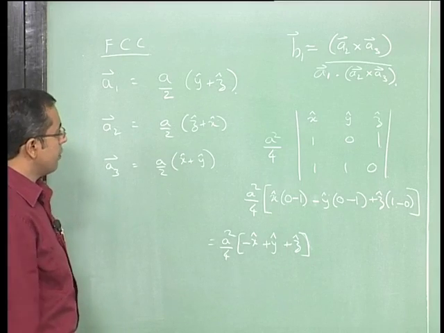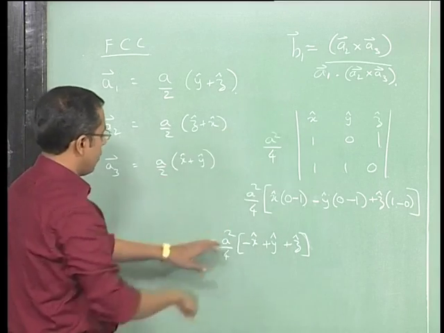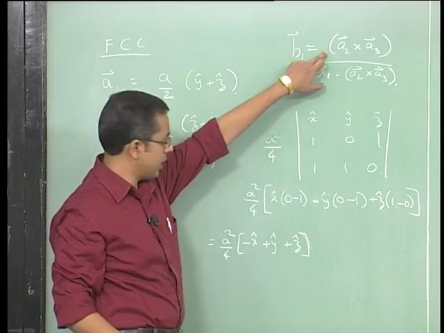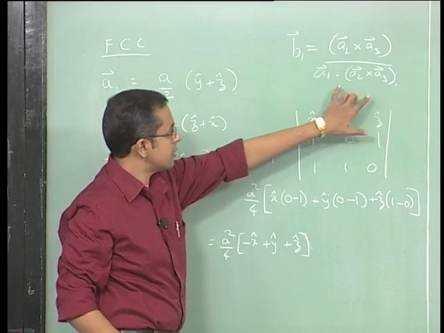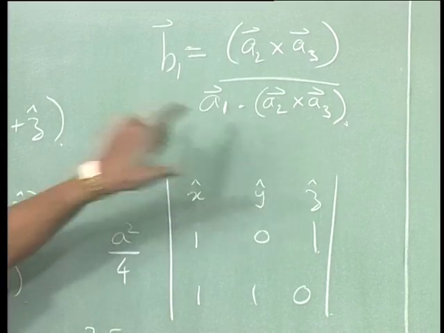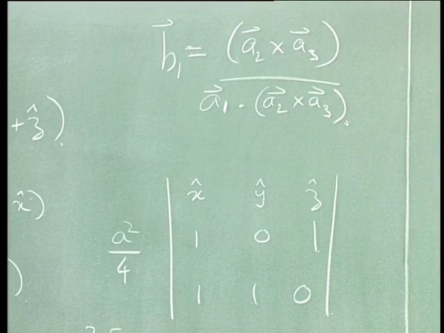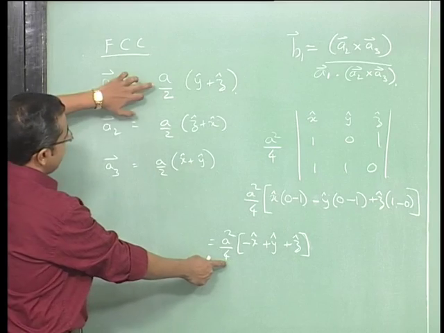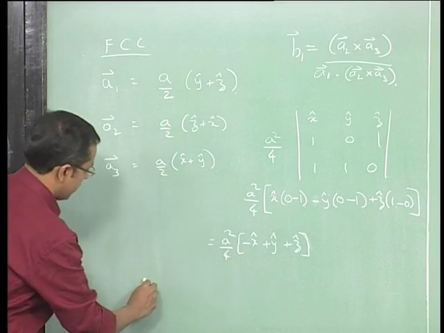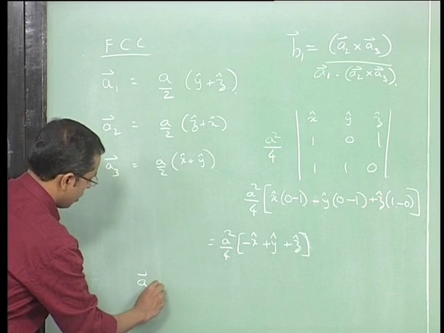Now we already have the numerator. The denominator is simply this same A2 cross A3 dotted with A1, that is A1 dot A2 cross A3.